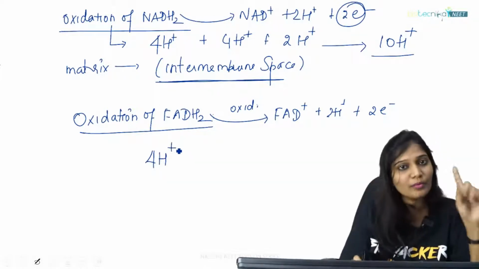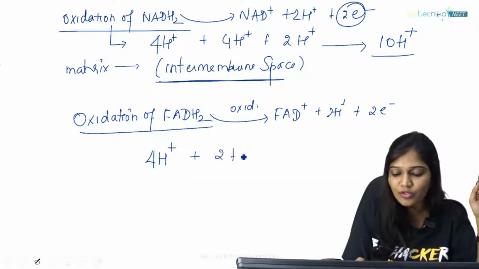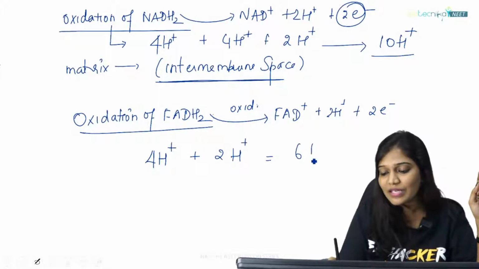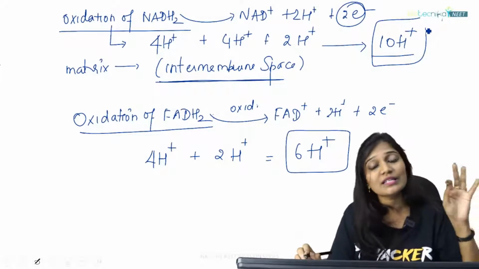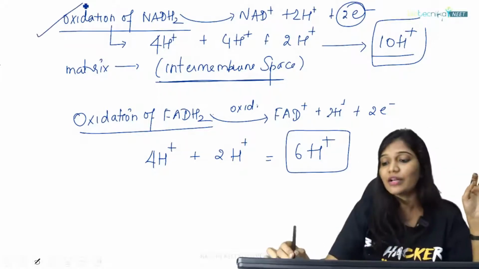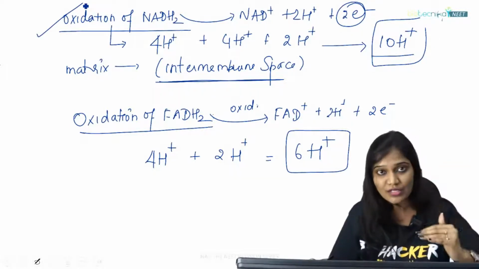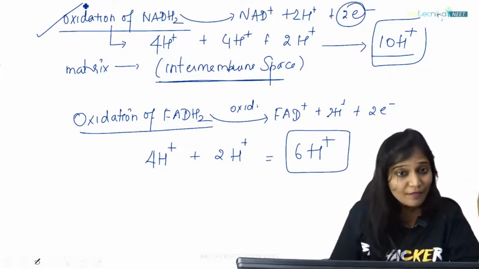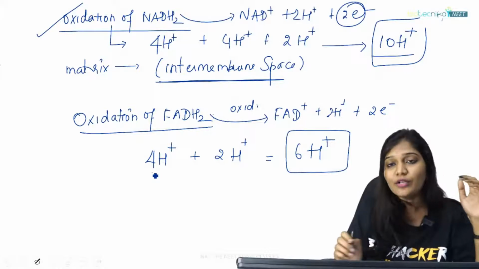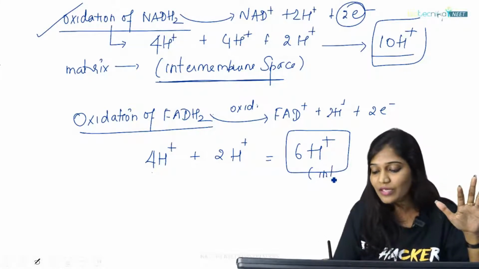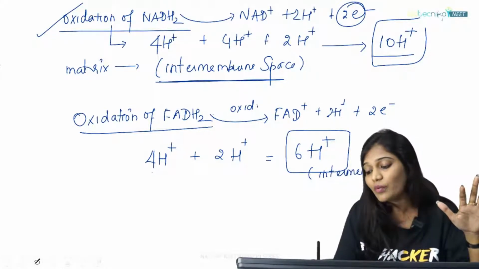At the second, 1 proton goes, and then 2 protons. So totally, it's going to be 6 protons only. So you should remember, if the ETC cycle starts with NADH, 10 protons are pumped from the matrix into the intermembrane space. If it starts with FADH2, 6 protons are pumped. Please remember, all are now in the intermembrane spaces.